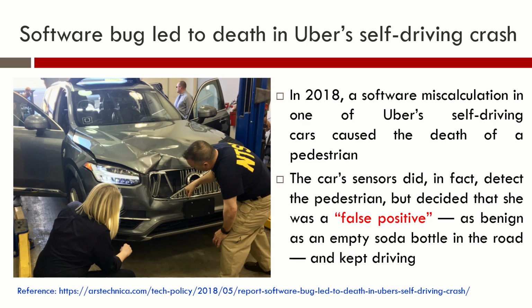It considered that it had detected, say, some empty soda bottle in the road, and it kept on driving, and that ran into the pedestrian, and it resulted in the death of the pedestrian. So all these cases were shown just to make you aware that even minute software defects will result in huge loss when the software controls critical structures.